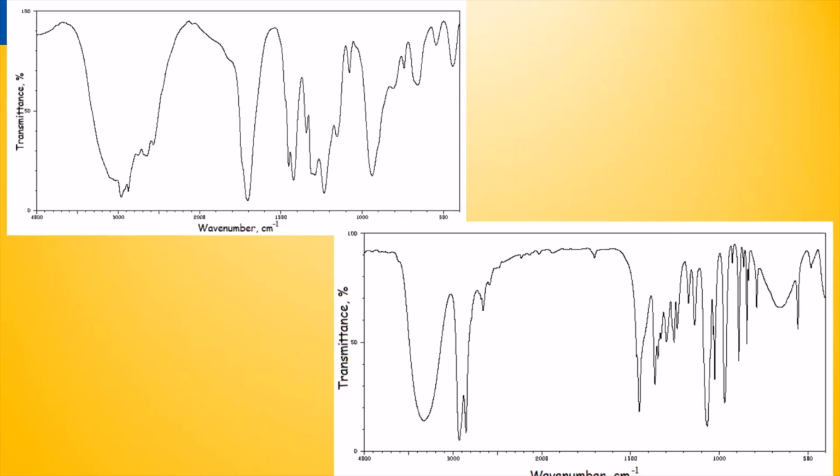What is this wave number? It's the inverse of frequency. Okay, so this is frequency, right? Wave number is nothing but 1 over frequency. And there's also something I want you to take away from any spectrum: there are 3 major kinds of peaks: strong, medium, and weak.